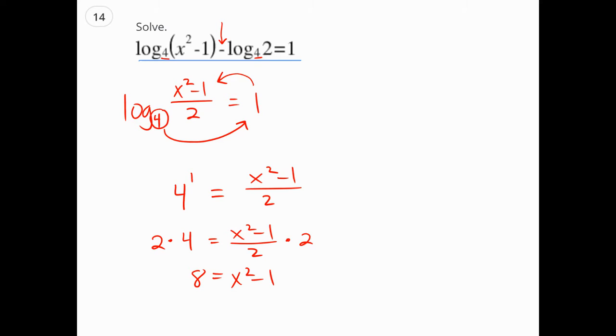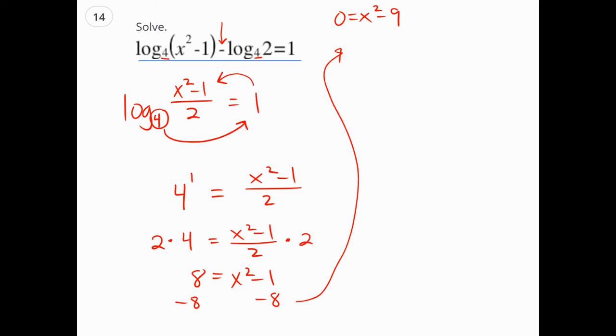At this point, you have kind of 2 different options on how to solve. You could solve by moving the 8 to the right, so you have 0. Subtract 8 from both sides. You get 0 equals x squared minus 9. That's one version.